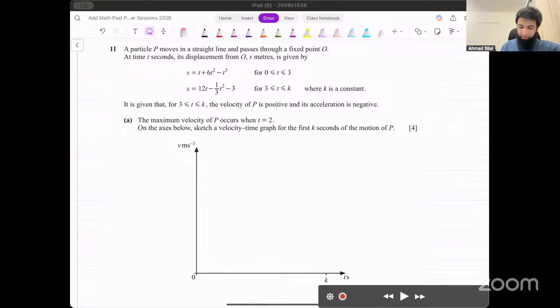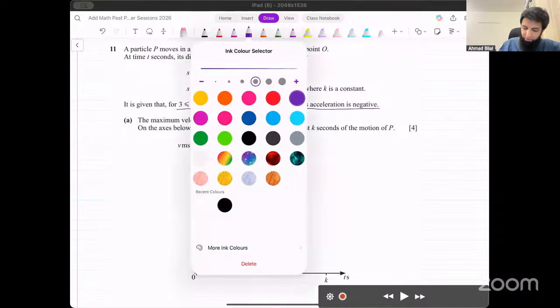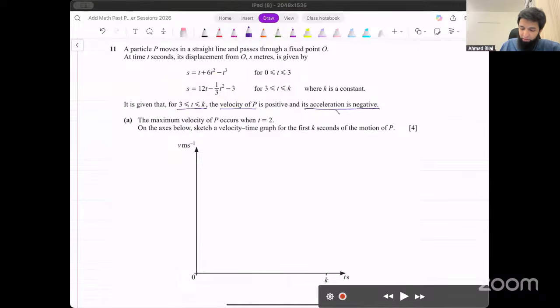Achha. At time t seconds, displacement from O is given by this. P is moving in a straight line. Okay. So for t between 3 and k, the velocity of P is positive and its acceleration is negative. Okay. So acceleration, remember, in a velocity time graph that they want you to sketch, represents the gradient.